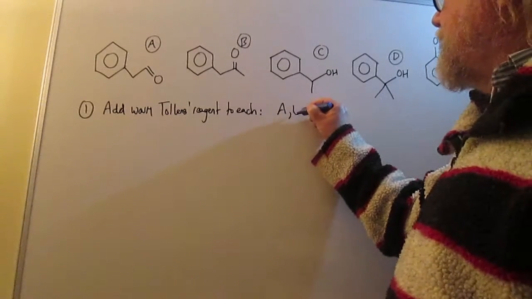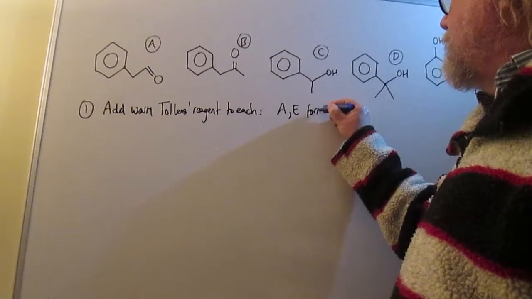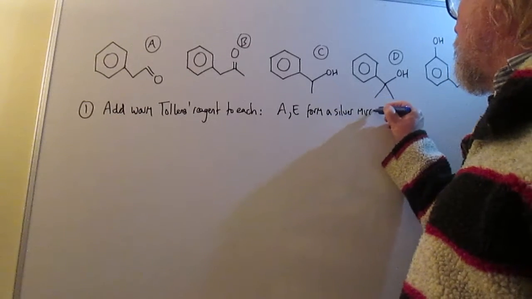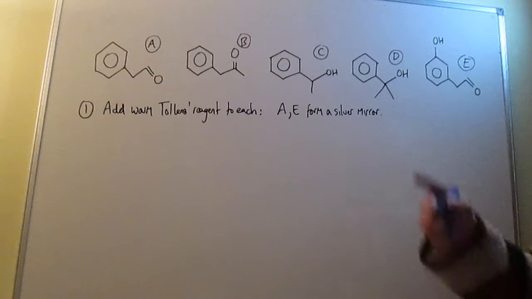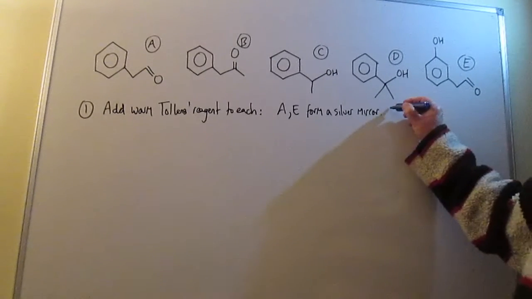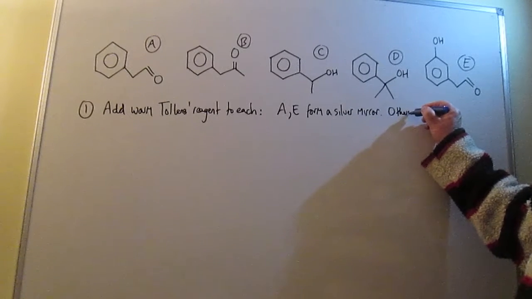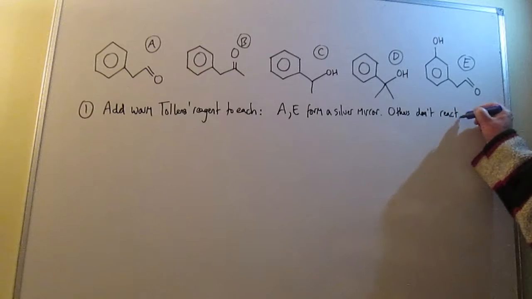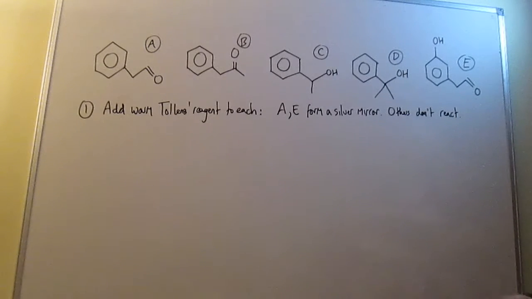So we'll say A and E form a silver mirror, and the others just don't do anything, but you have to say that. You can't just imply it. So we write down the others don't react. Okay, so that's our first test.